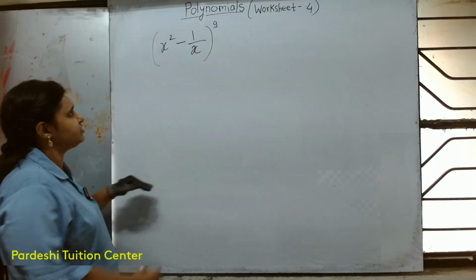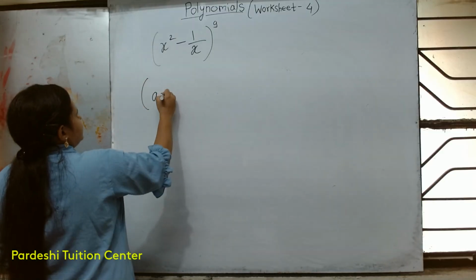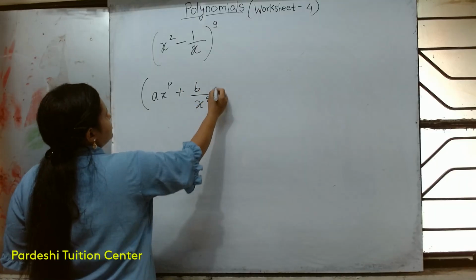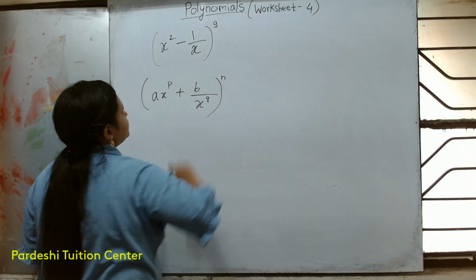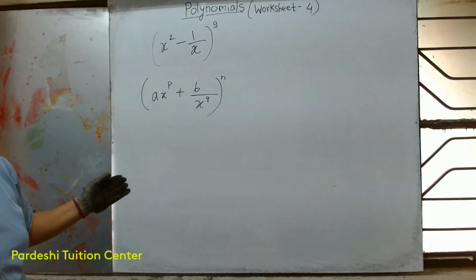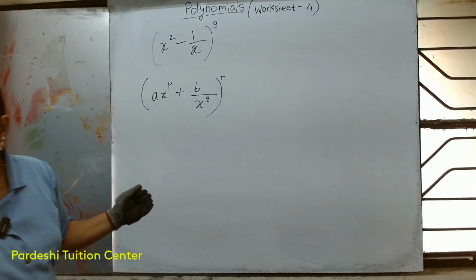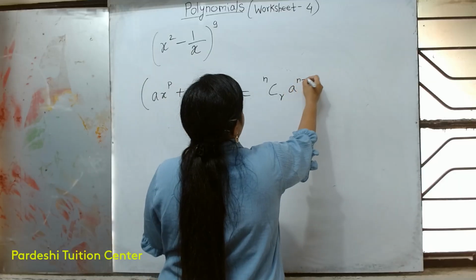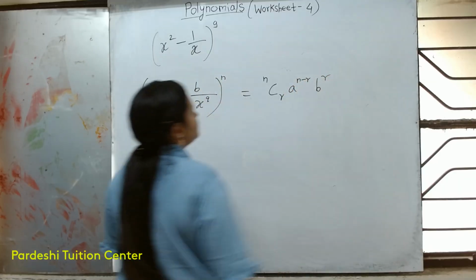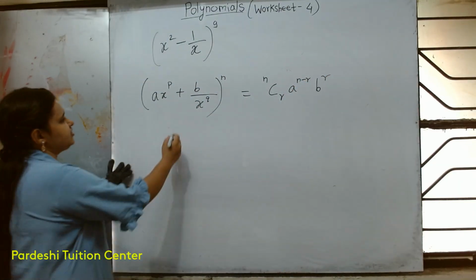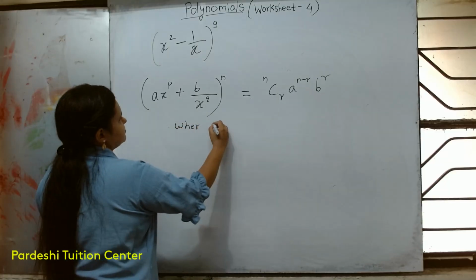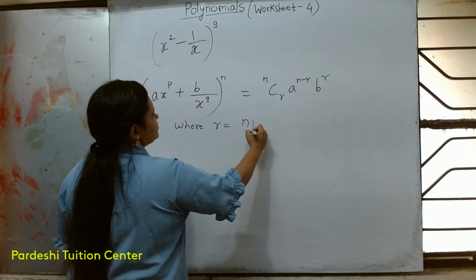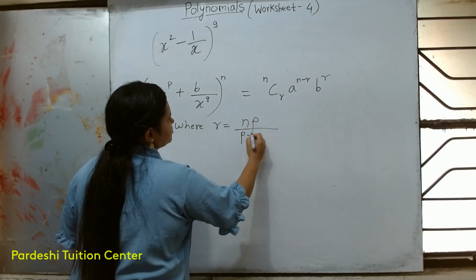What was that formula? (a x to the power p plus b upon x to the power q) to the power n is equal to nCr a to the power n minus r, b to the power r, where r is equal to np upon p plus q.